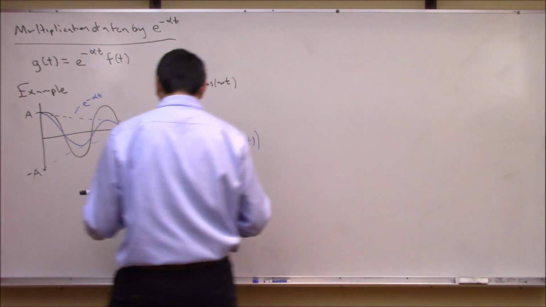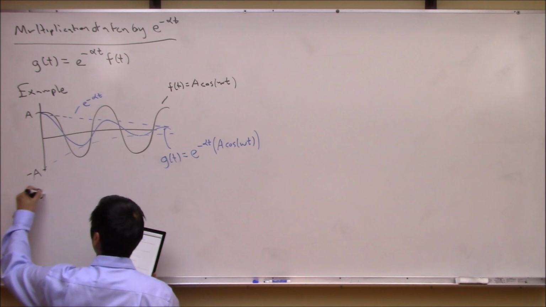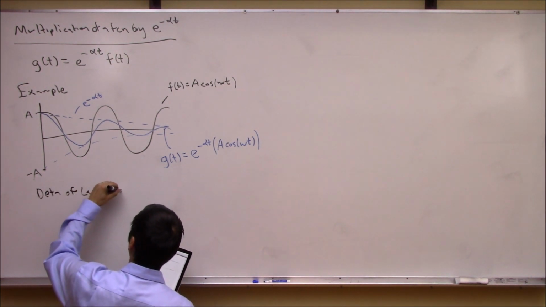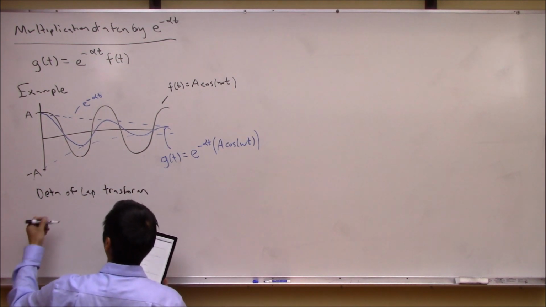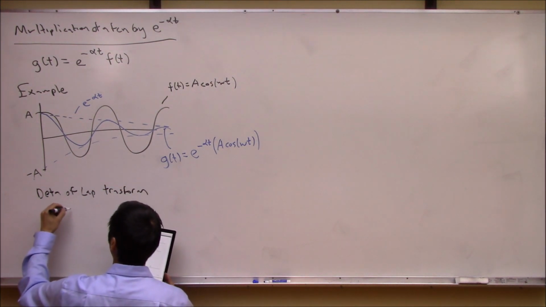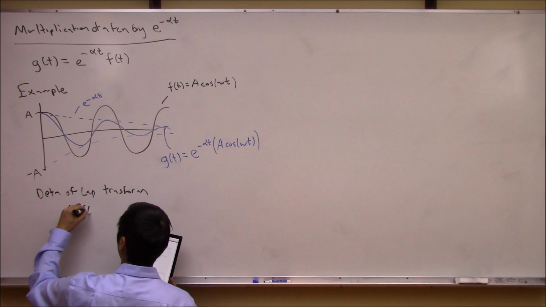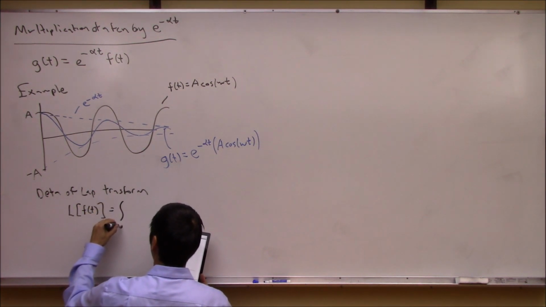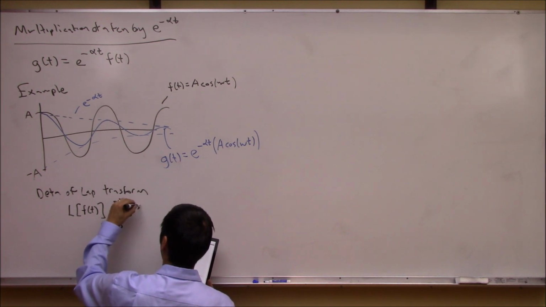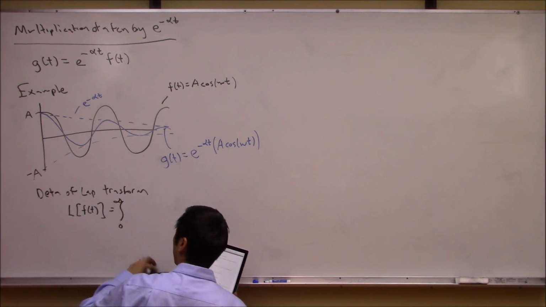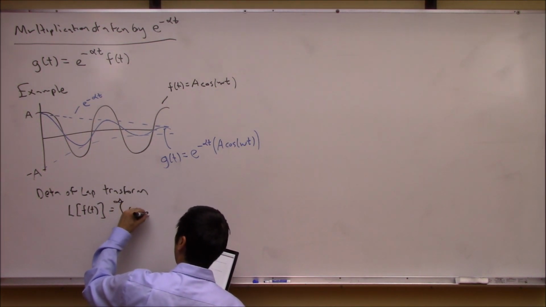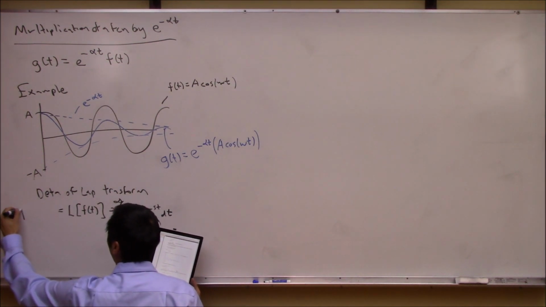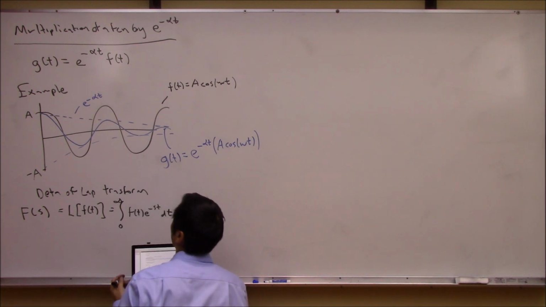So let's recall the definition of the Laplace transform. The Laplace transform of some function f of t is the integral from 0 to infinity of f of t times e to the minus st dt. So this here was F of s.